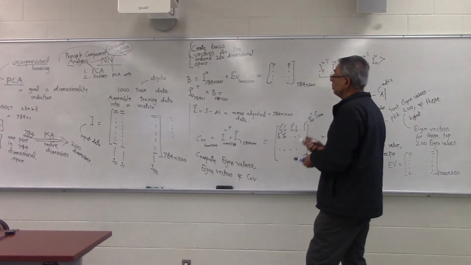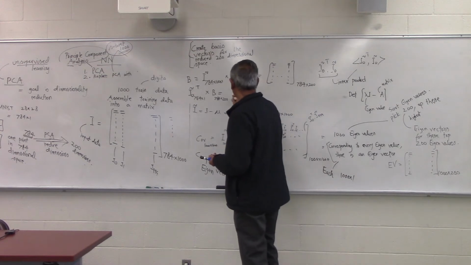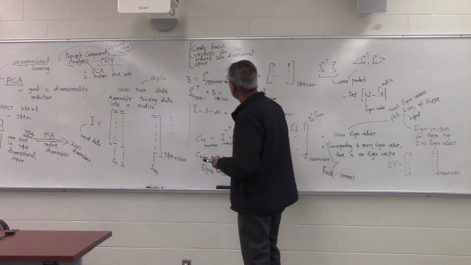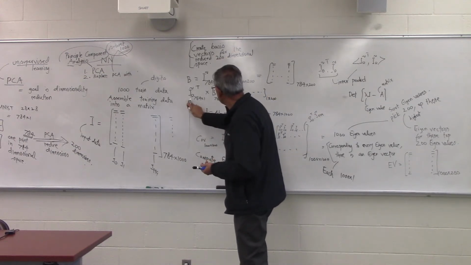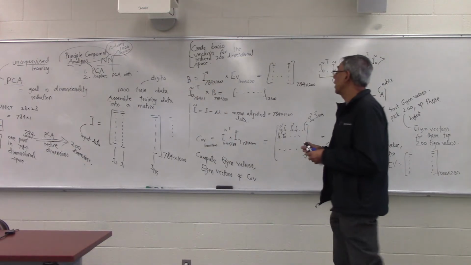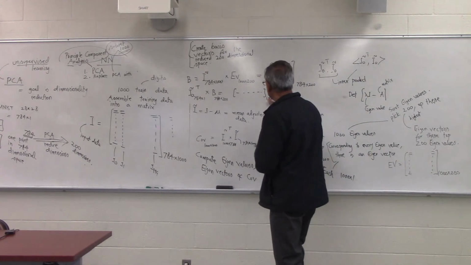So what will be the result? It will be 1 by 200. So the original I0, which was in 784 dimensions, now do you see it's reduced to just 200 numbers?